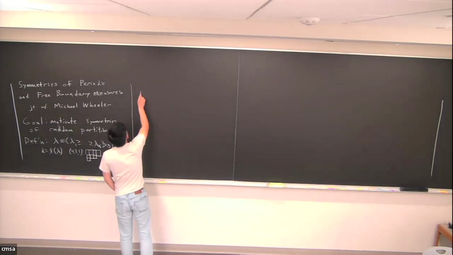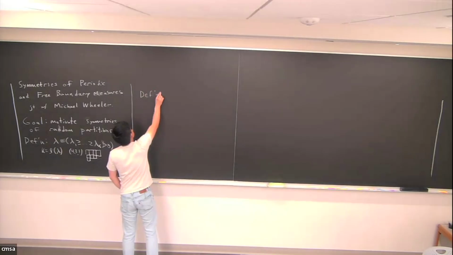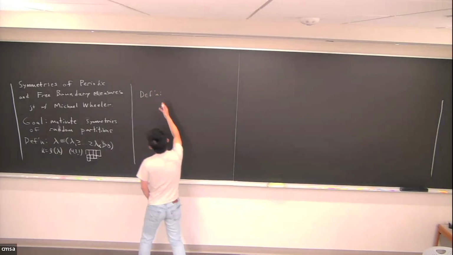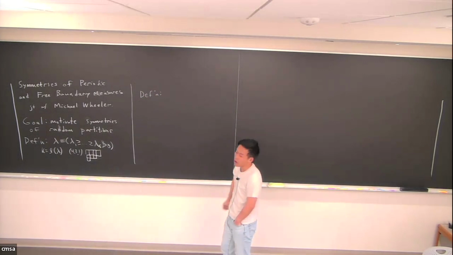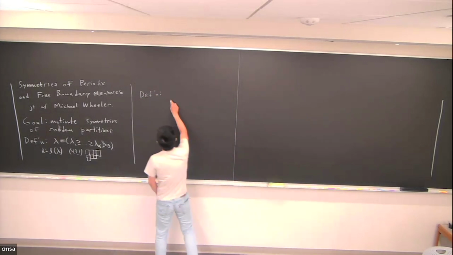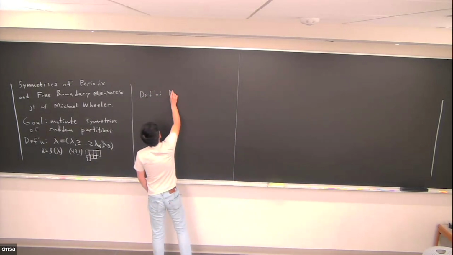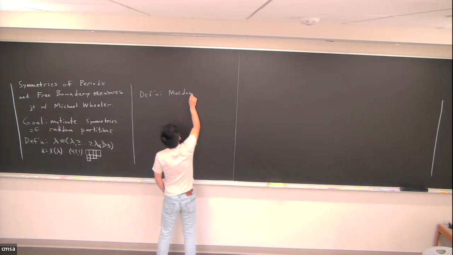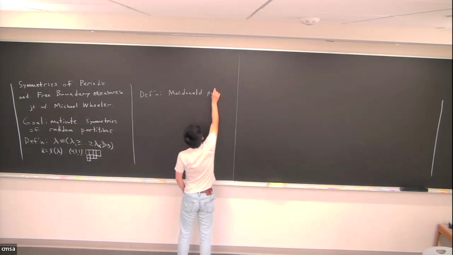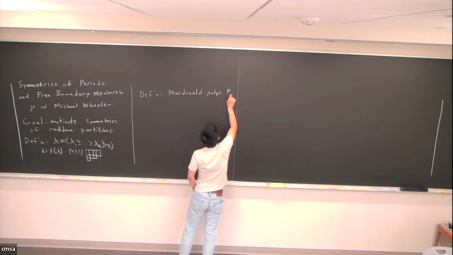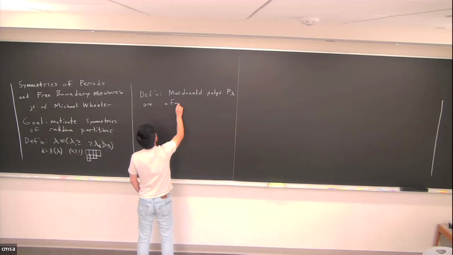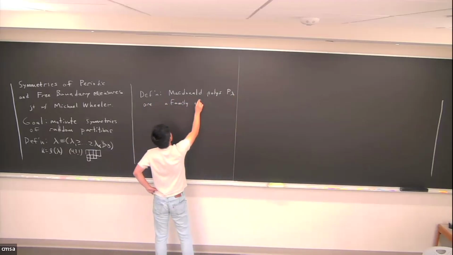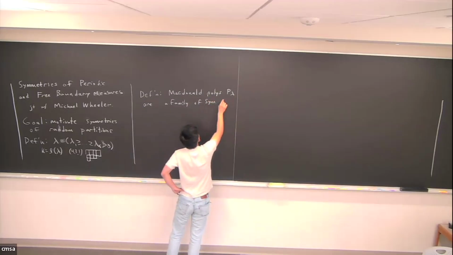So now maybe the most important definition, which unfortunately I don't know that it's so satisfactory. The key player in this talk is going to be something called Macdonald polynomials. The Macdonald polynomials P lambda are a family of symmetric polynomials.